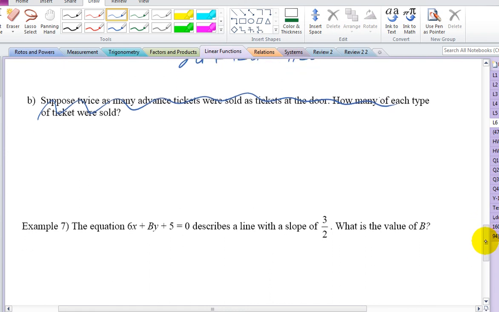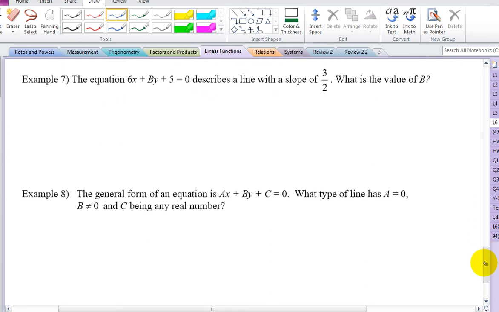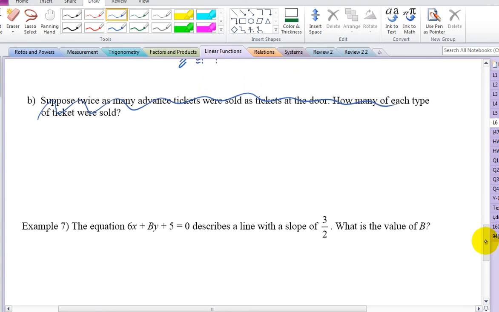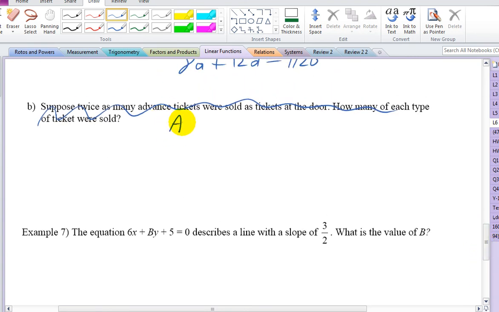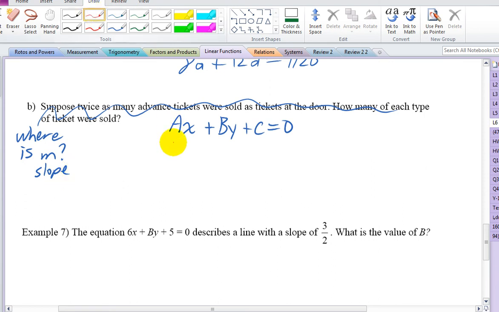Okay. So, actually what I want to write in here is Ax plus By plus C equals 0. Where is m, or your slope? Well, guess what? Your slope comes from these two numbers. That's where. But what happens to A when you move it to the other side?